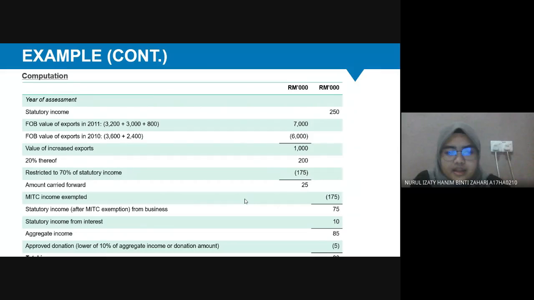The MITC income exempted is only 175,000, and the statutory income from the business is 75,000. And then statutory income from interest is 10,000. The aggregate income is 85,000, and minus accrued donation of 5,000, the total income is 80,000. So next.